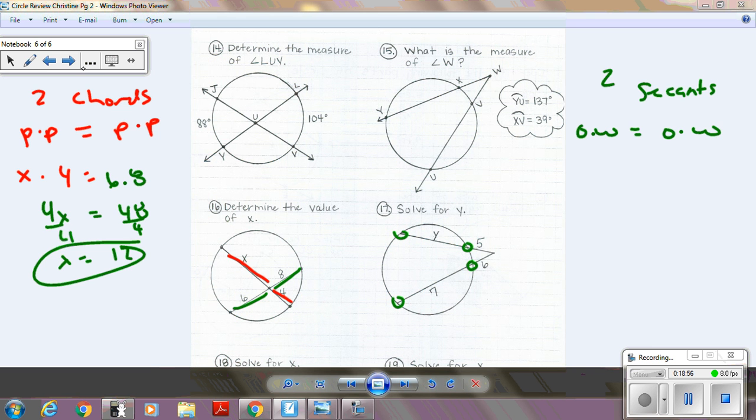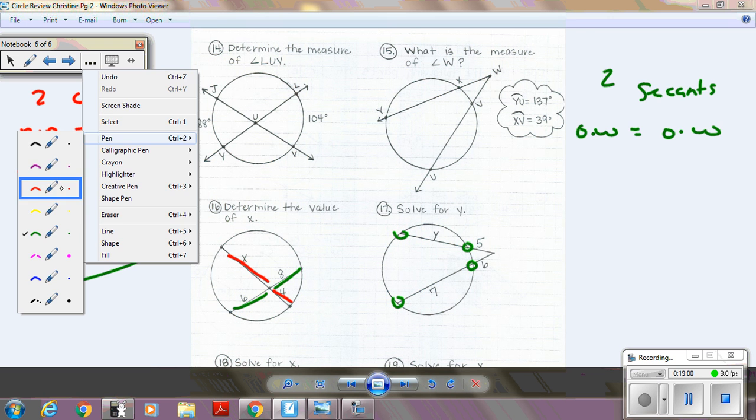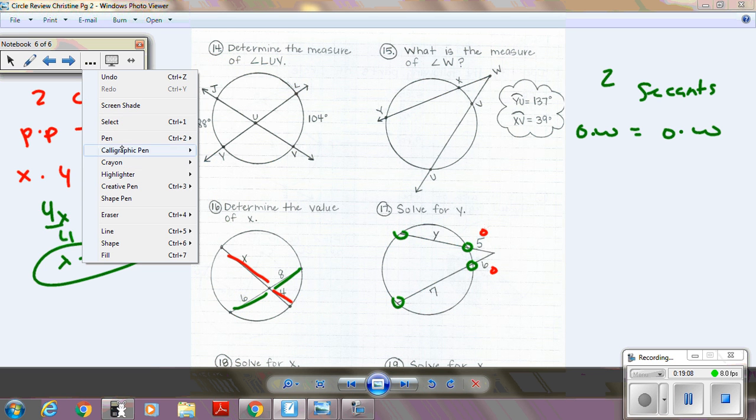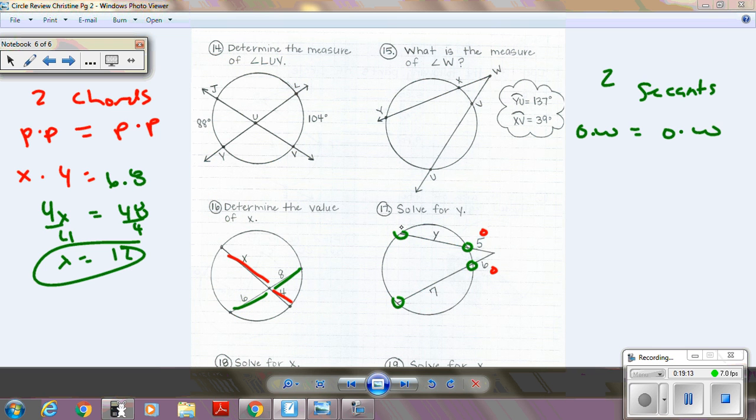So in other words, this is outside, and then the whole thing for this one would be y plus 5. And the whole thing here would be 7 plus 6, which is 13.